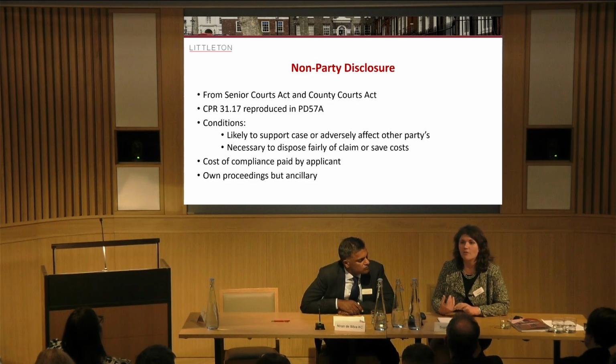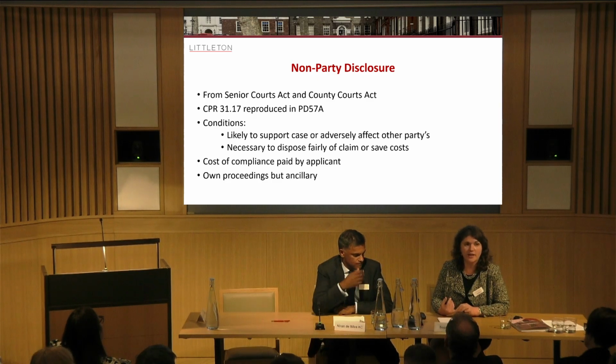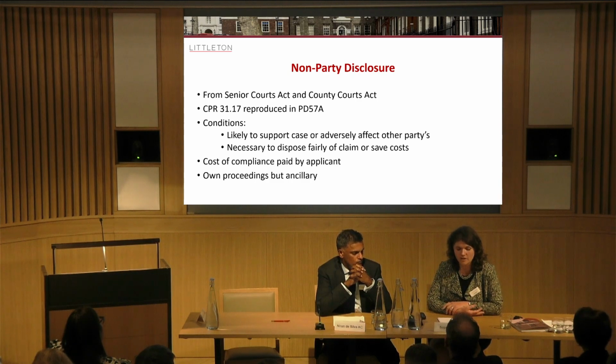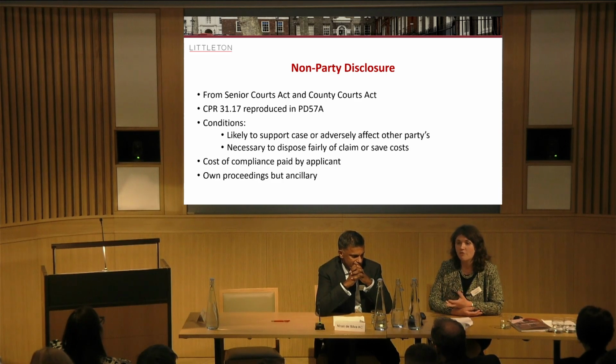The conditions you have to meet to get an order against a non-party for disclosure are that it's likely to support your case or adversely affect the other parties, and that it's necessary to dispose fairly of the claim or to save costs. And ordinarily, the cost of compliance with the non-party disclosure order is paid by the applicant.